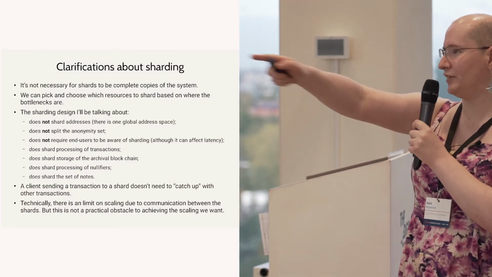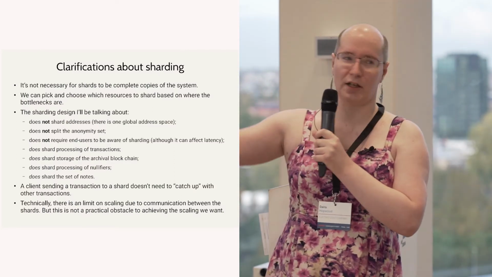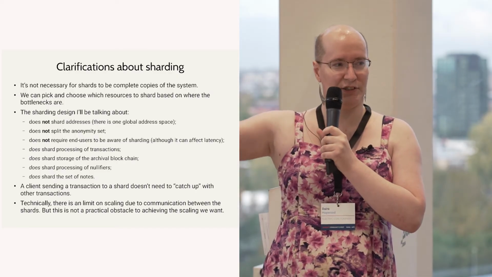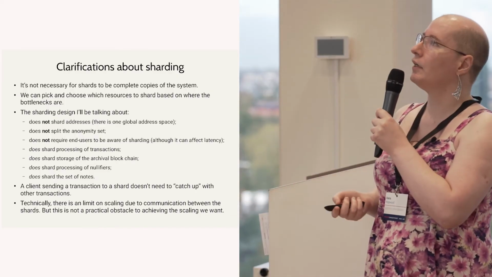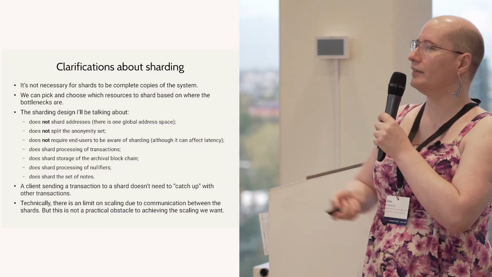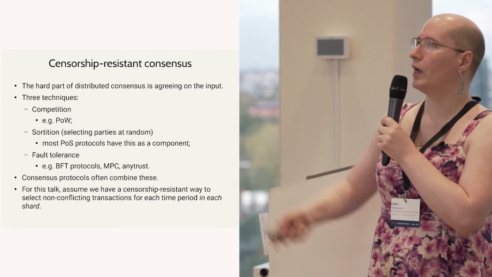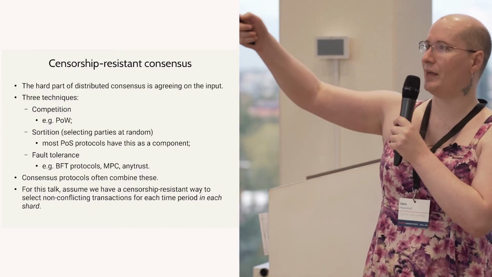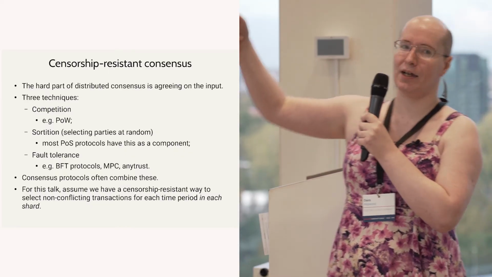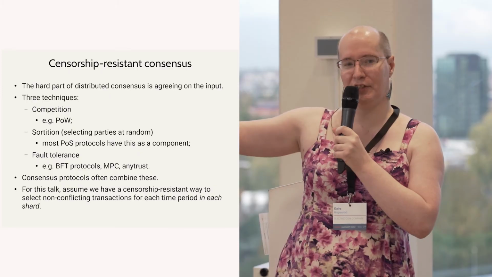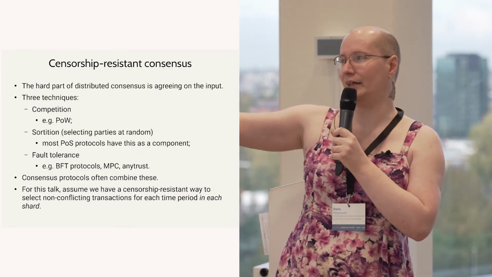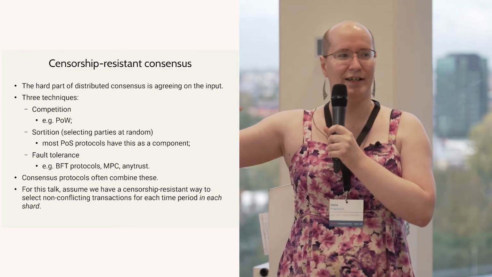I've already mentioned that there's still going to be a limit because of coordination between the shards. I can mostly skip this, because what it's saying is that this layer of the protocol is not dependent on how we decide what transactions are going to get into the train.